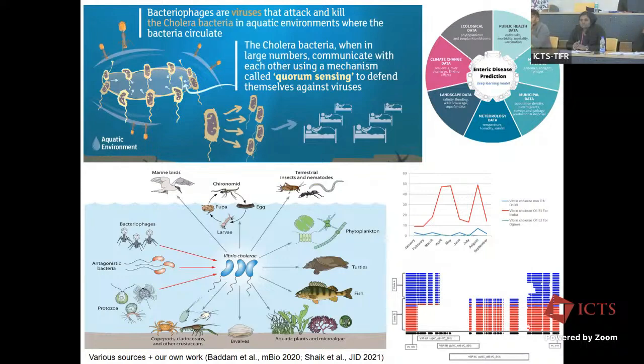When in large numbers, the cholera bacteria communicate with each other using a mechanism called quorum sensing. Quorum sensing is a very established signaling mechanism among bacteria to defend themselves against viruses. A definite signal is given for when to multiply and overwhelm the phages. That is the mechanism I was discussing.